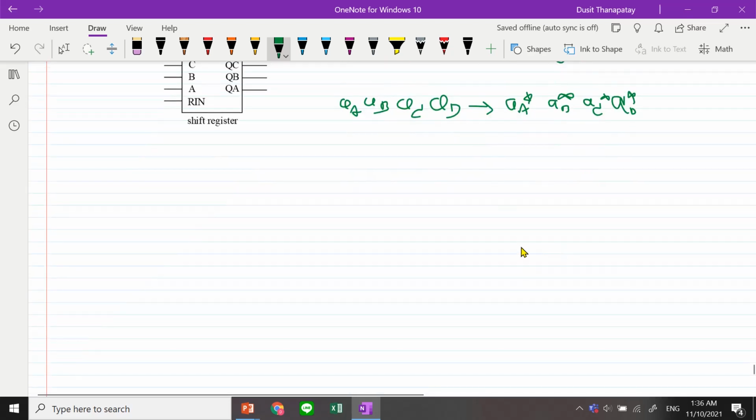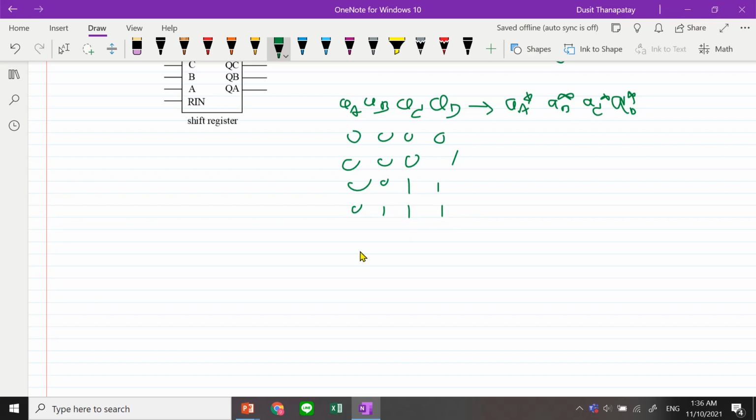The initial state is 0, 0, 0, 0, right? And then 0, 0, 0, 1, then 0, 0, 1, 1, and then 0, 1, 1, 1, then 1, 1, 1, 1. Okay, 4 bits on.